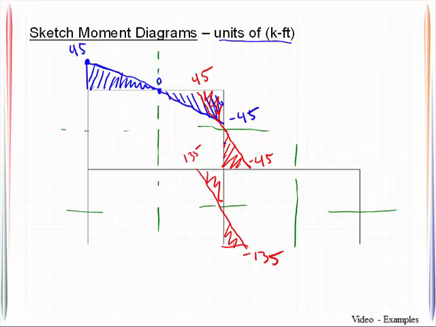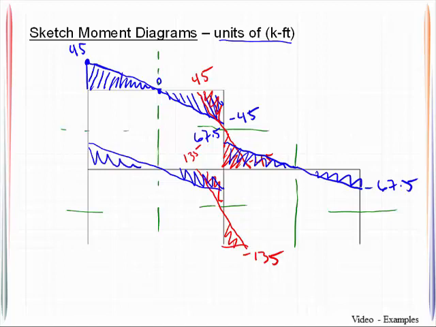We've got for the girder, a moment diagram coming back here, 67.5, negative 67.5. For this girder here, 112.5, negative 112.5.